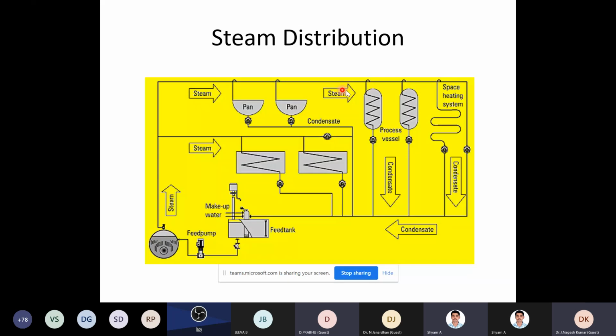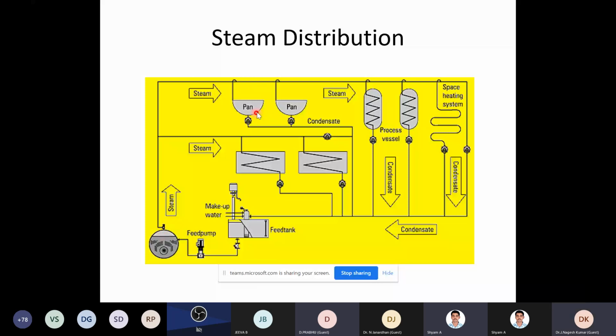So steam goes to several equipment in the process, and finally the condensate, whatever you have here, is all returned back to the boiler. Condensate is nothing but distilled water. You are generating steam and then condensing it, so it's basically distilled water, the purest form of water. So whatever condensate can be recovered should be sent back to the boiler because your feed water treatment cost will reduce.